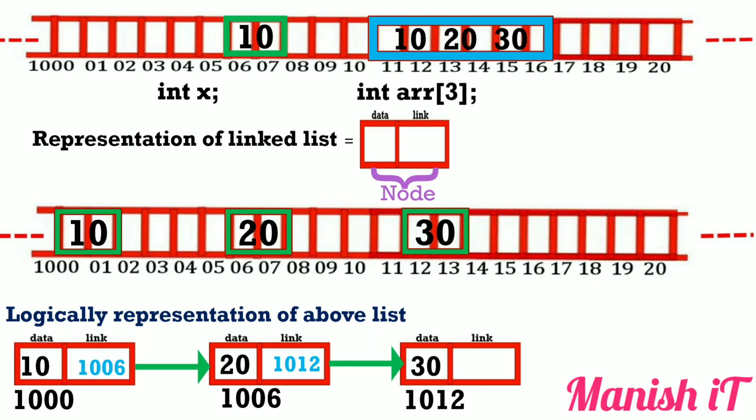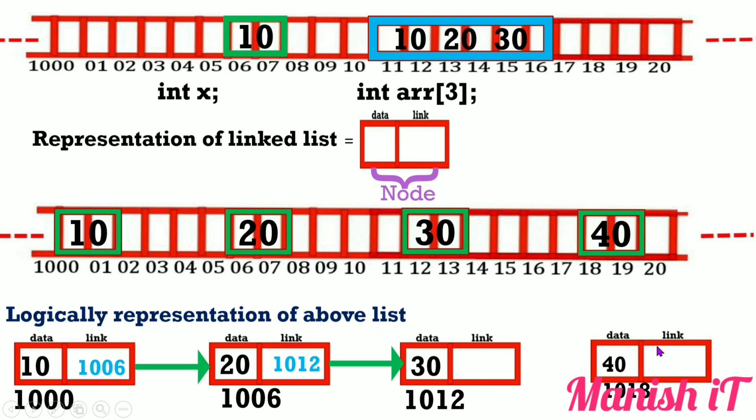Now the user has entered 40. See how it looks in the memory segment and logically. Logically, it also has an address, and that address is 1018. When the link area stores this base address, they connect to each other and a connection is created in between.